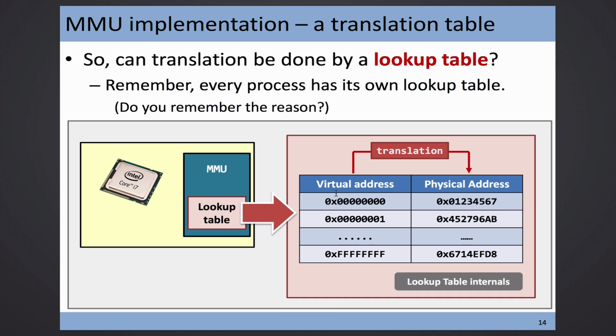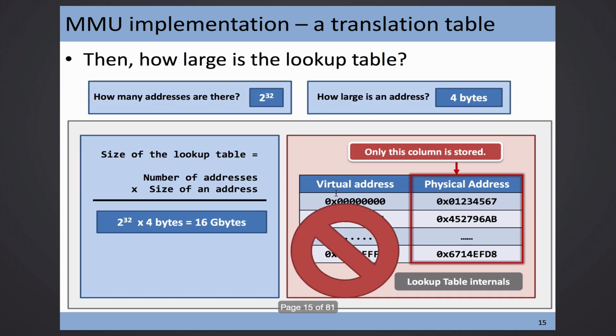The naive approach is too naive, so no one has implemented it. Why? That's the calculation. Every mapping will map to a 4-byte entry, right? One element is 4 bytes. Now let's say that I will map the entire address space.